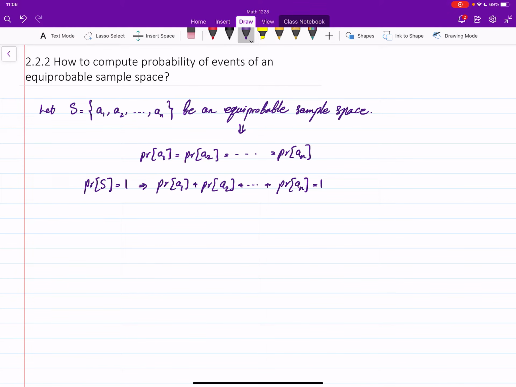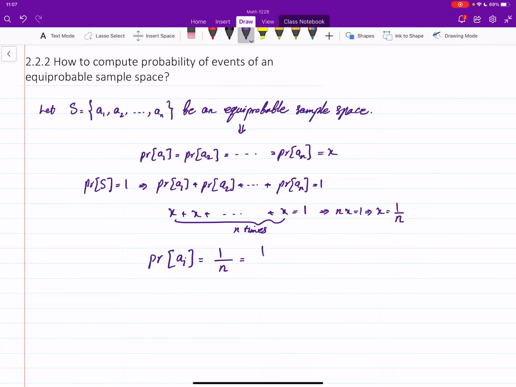But since all of them are equal, let's call that number, that probability, x. So this will mean that x plus x, n times you add x to itself, you get equal to 1. That means that n times x is equal to 1. That means that x is equal to 1 over n.